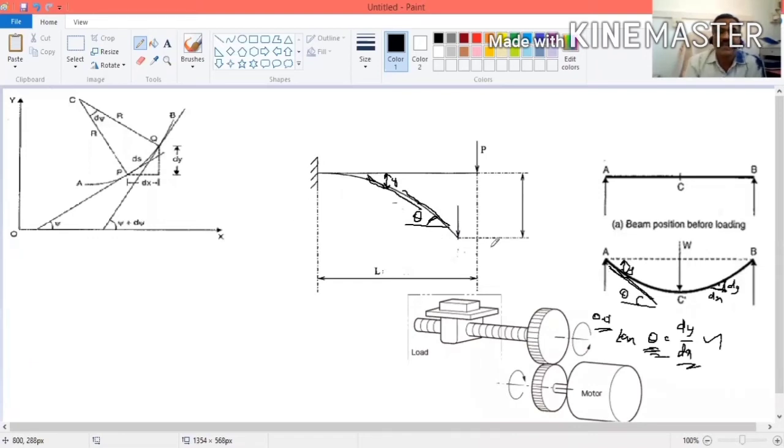If you take this point, this is a deflection, this is a slope. If you take this point, this is the slope and this is the deflection. So if you see, theta will be maximum at this point. Similarly, deflection is also maximum at this point.